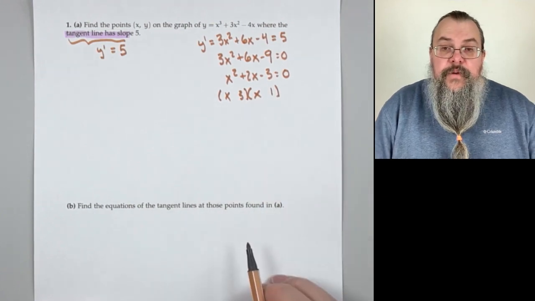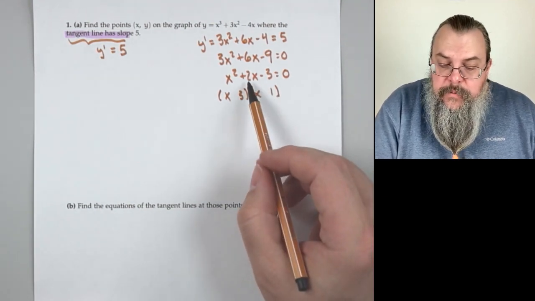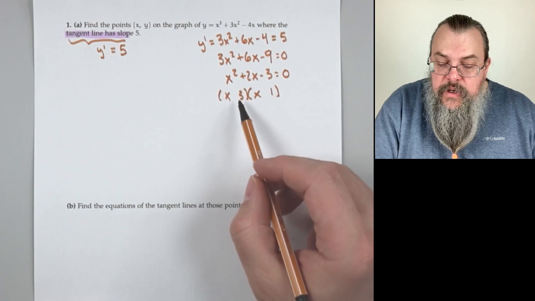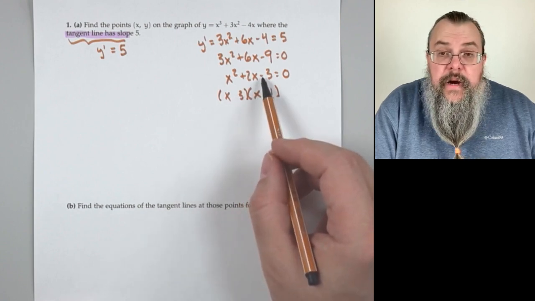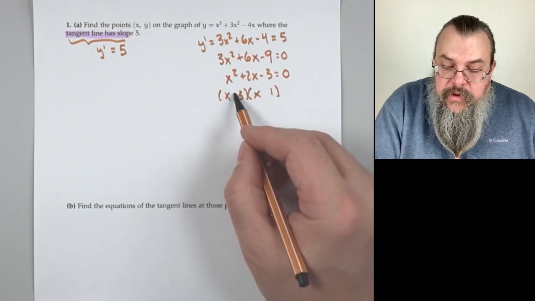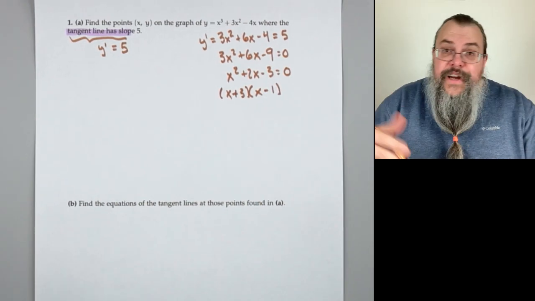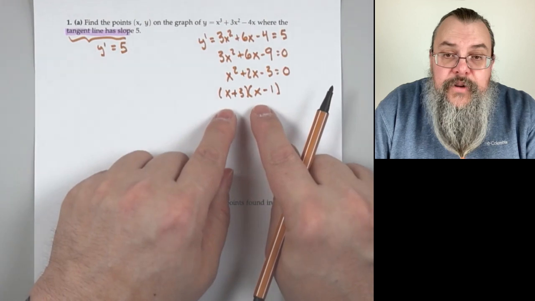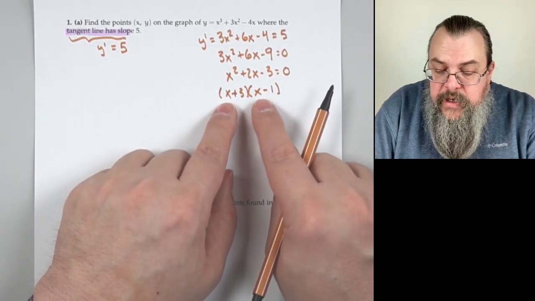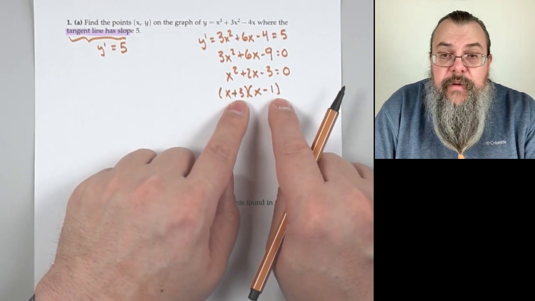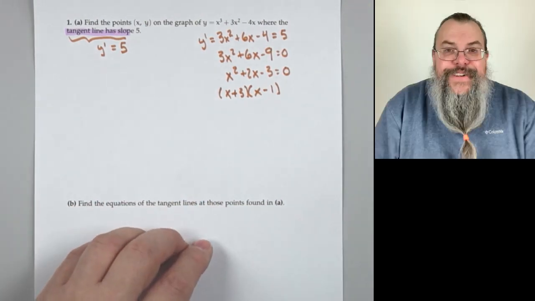And they need to add together to give 2. And multiply to a negative means they have different signs. So I think plus 3 and minus 1 should work. Now, of course, you can try different variations. We'll double check. We get x squared minus x plus 3x is 2x, and minus 3. So, phew, it works.